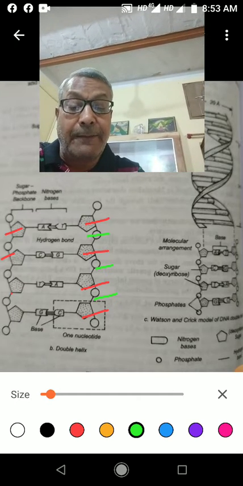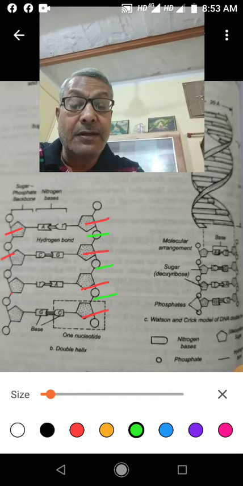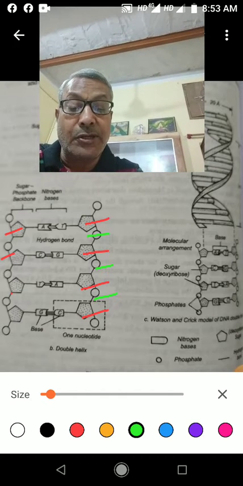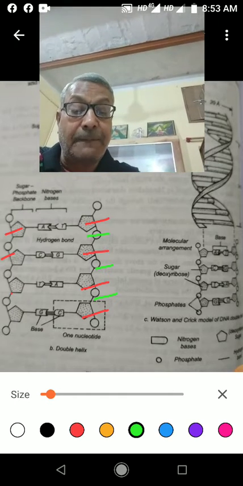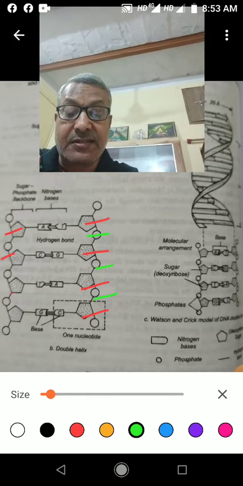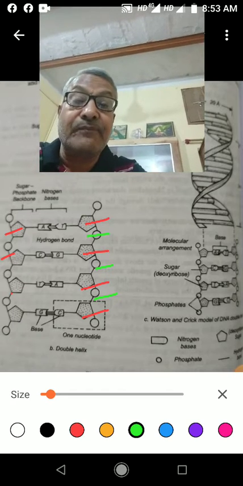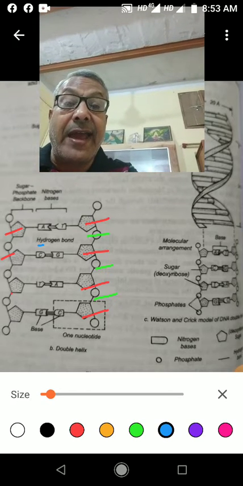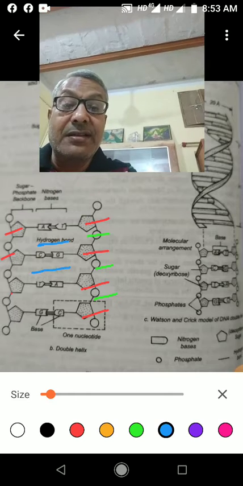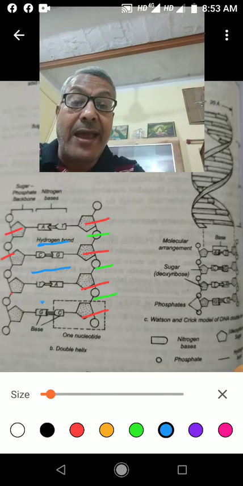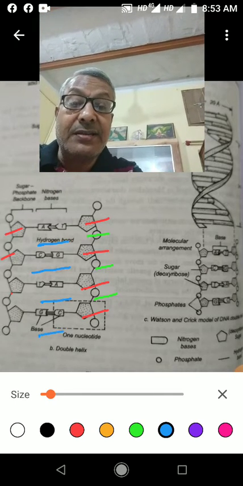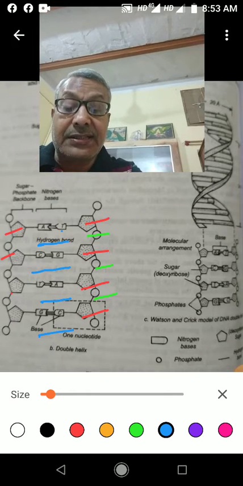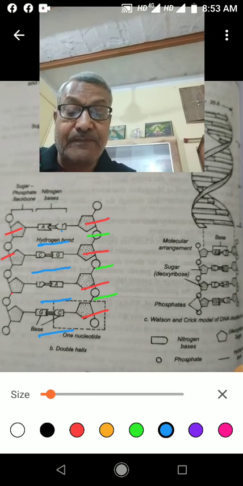So the sugar and phosphate units form the backbone of the polynucleotide chain, and the paired nitrogenous bases form the center. These are the paired nitrogenous bases: adenine, thymine, cytosine, guanine, again thymine, adenine, guanine, cytosine.